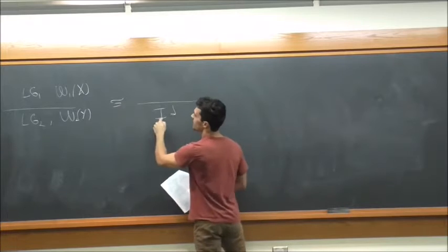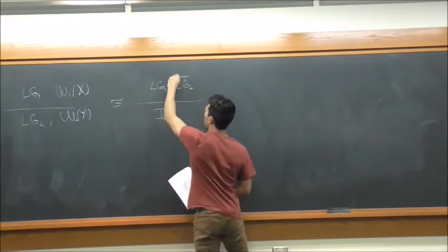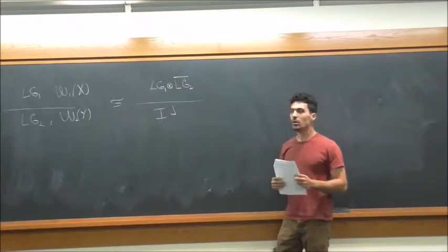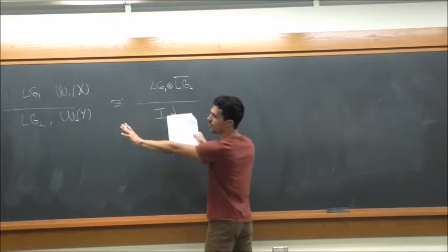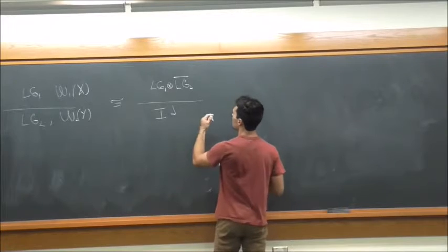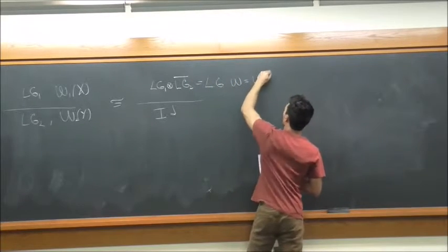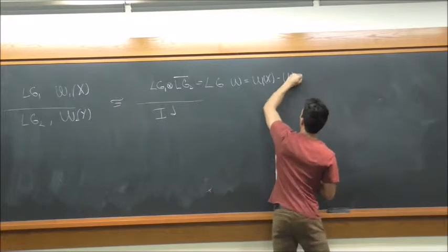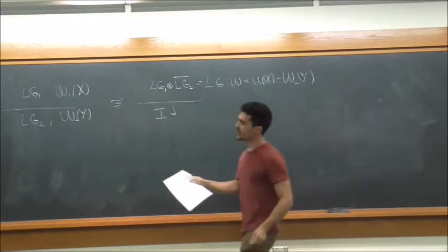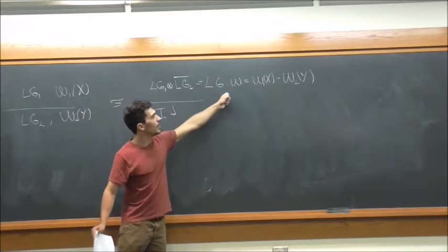The identity here and LG1 tensor LG2 with the left and right degrees of freedom interchanging. If you just do this folding trick, you see this is an LG with W equals W1 of x minus W2 of y, with that same sign there. So indeed, when we factorize the defect, we are factorizing the same picture as before, except with this potential.